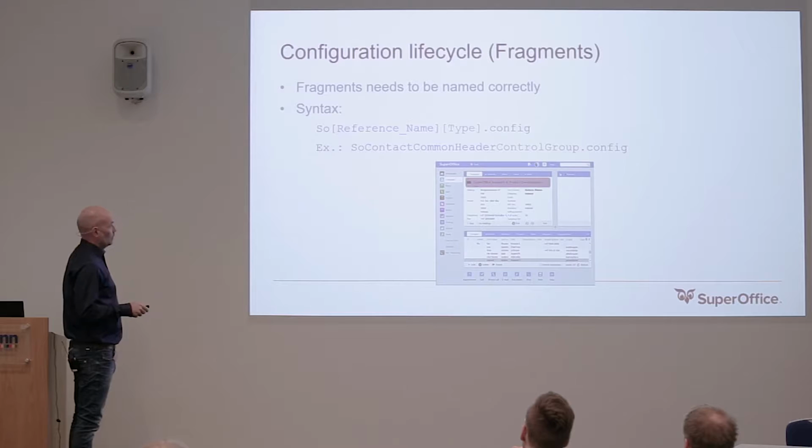So when you put in a control group, it will be the name of the control and the type here. This is typically what we do in the contact card. We use this section here for all these views. Instead of making duplicate configuration, we have put them in one file.